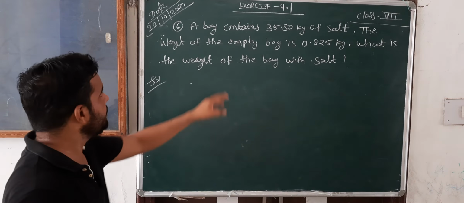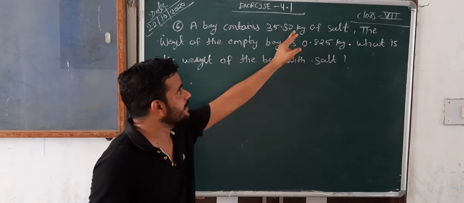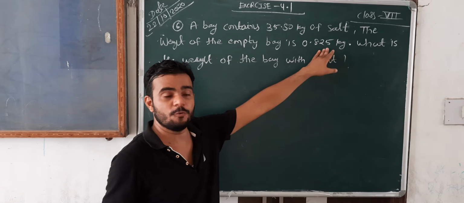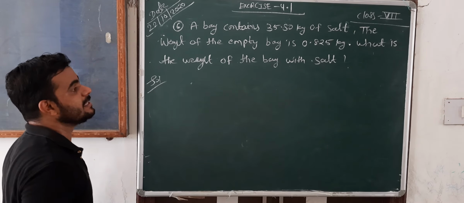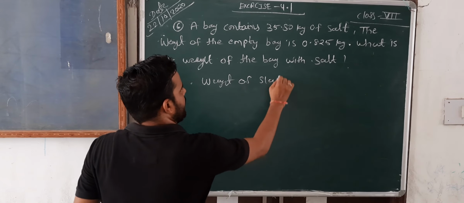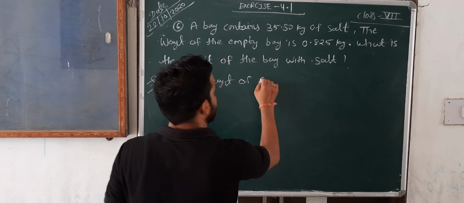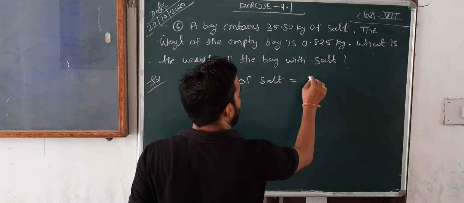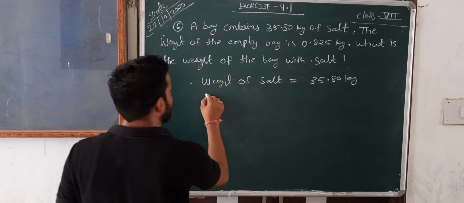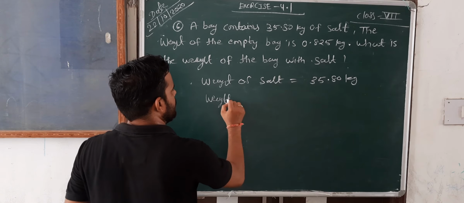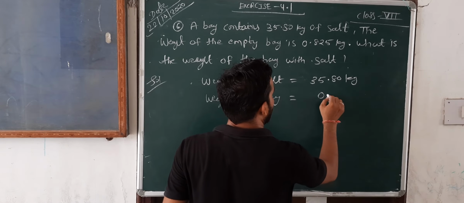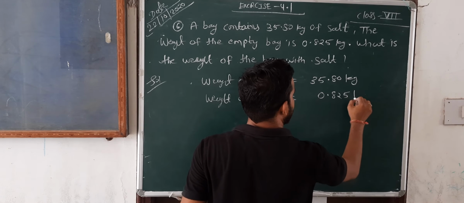So the next question is, a bag contains 35.80 kg salt. The weight of the empty bag is 0.825 kg. What is the weight of the bag with salt? So the weight of salt is how much? 35.80 kg, and the weight of the bag is 0.825 kg.